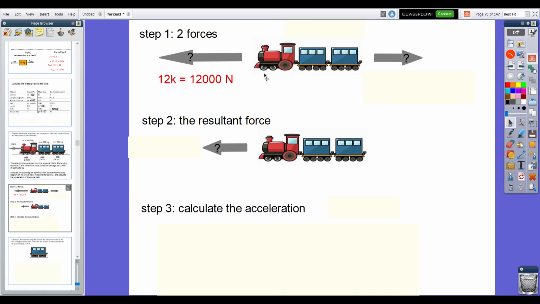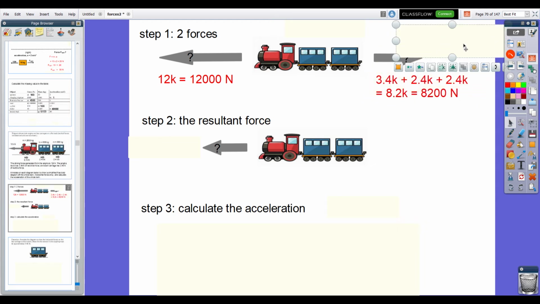Slightly more tricky. There were 3 forces pulling it backwards. Did you manage to add them all up? Yeah, it was 3.4k plus 2.4k plus 2.4k. And that gives us 8,200 newtons. So 12,000 forward, 8,200 backwards. Now it's starting to get a little bit easier, isn't it?